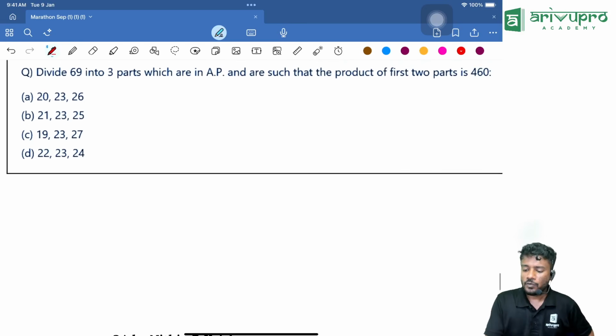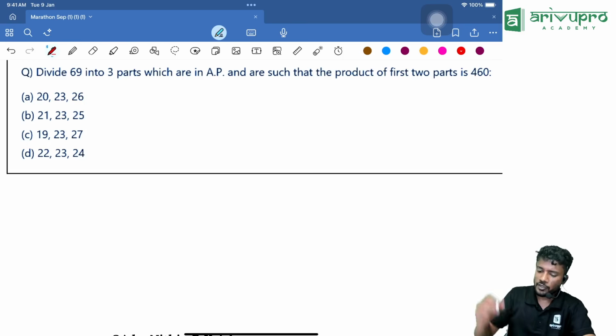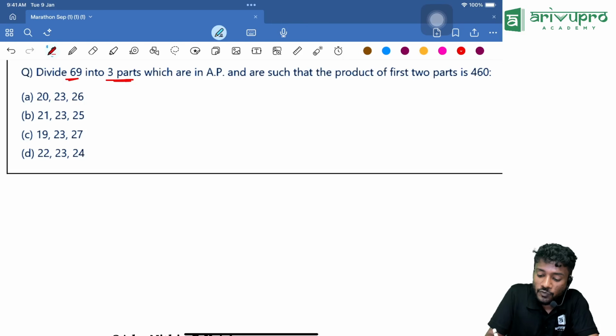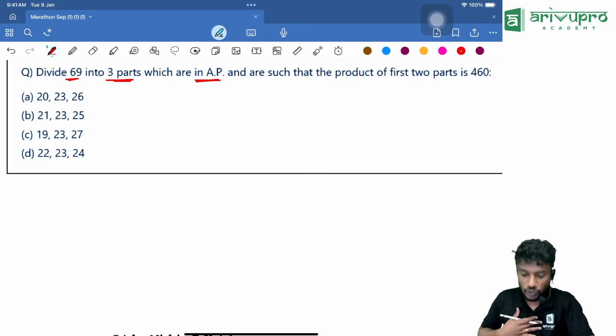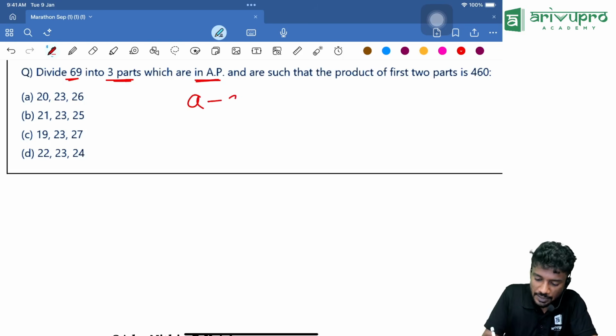One important tip I will give you. Whenever we are dividing a number into 3 equal parts which are in AP, we should always assume that the parts are a minus d, a and a plus d.